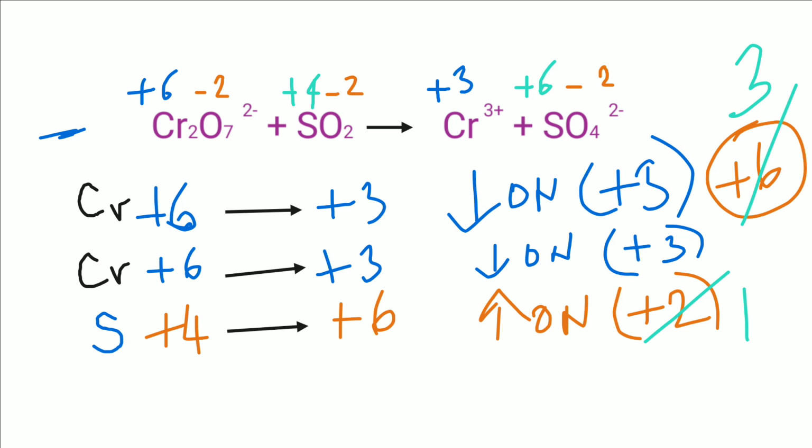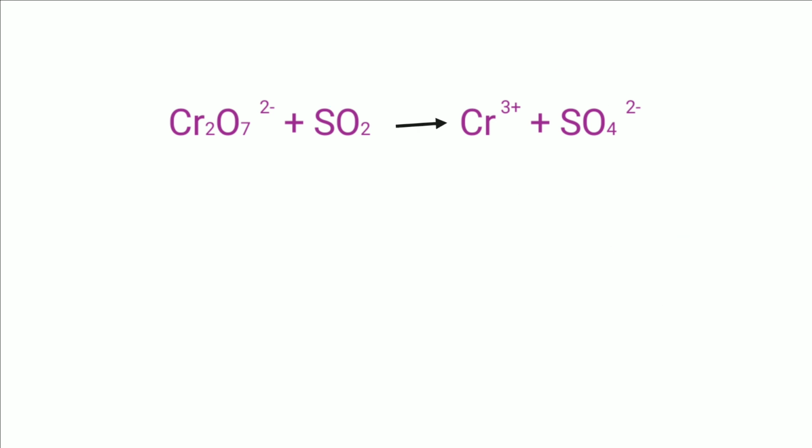Sulfur needs to be multiplied by the coefficient 3. Chromium is only one time, so it's not necessary to mention.